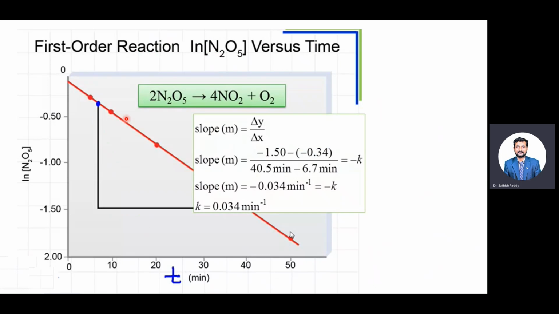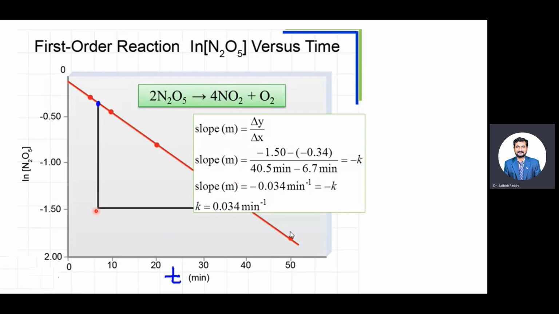So for a first order reaction, you take ln of N2O5, nitrogen pentoxide, versus time. You will get a straight line that decreases with respect to time. To find the slope, we take the change in y divided by the change in x.